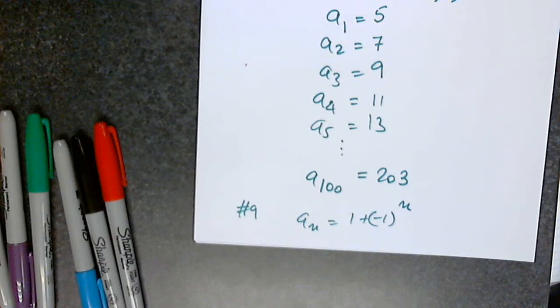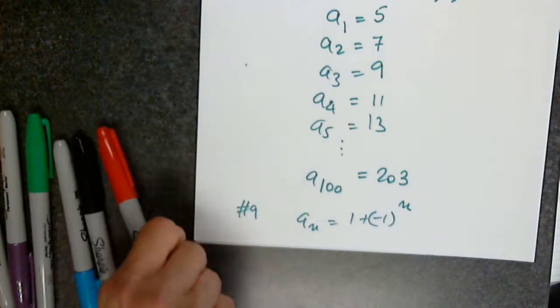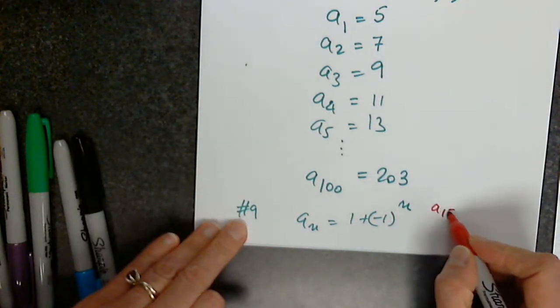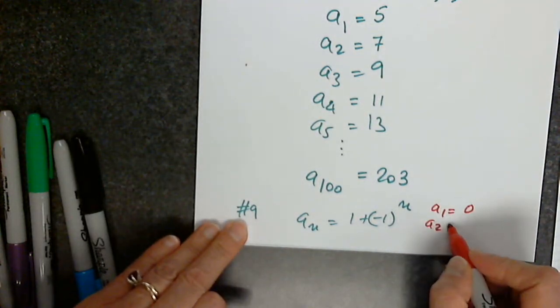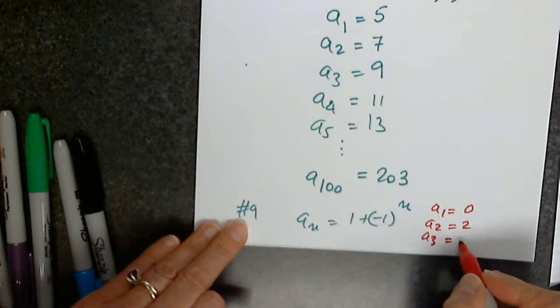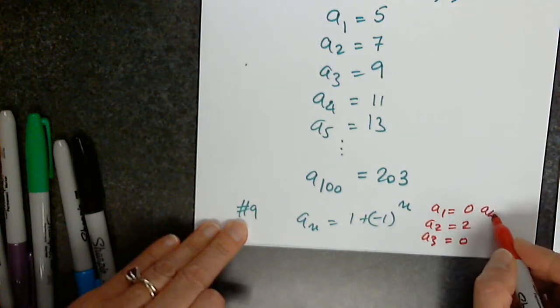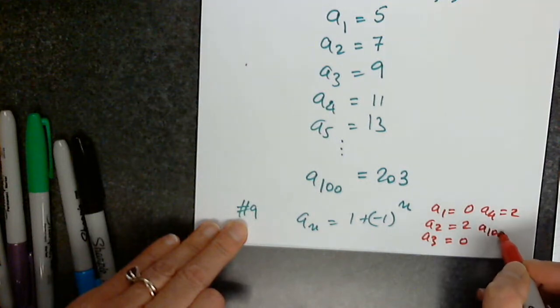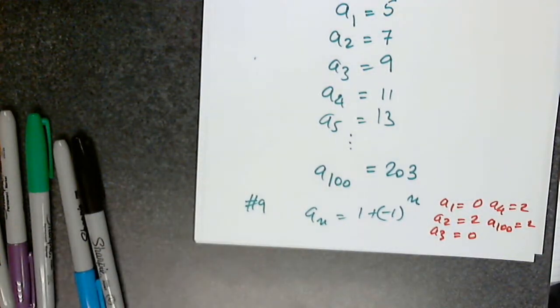I have to plug in 1, 2, 3, 4, and 100, exactly as a function. So in this case, a1 equals 0, a2 equals 2, a3 equals 0, a4 equals 2, a100 equals 2. Clear enough? Okay, perfect.